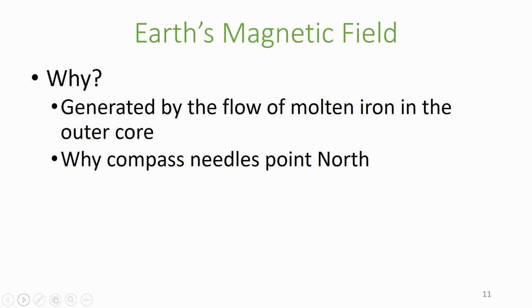Earth's magnetic field is generated by the flow of molten iron in the outer core. This is why compass needles point north.